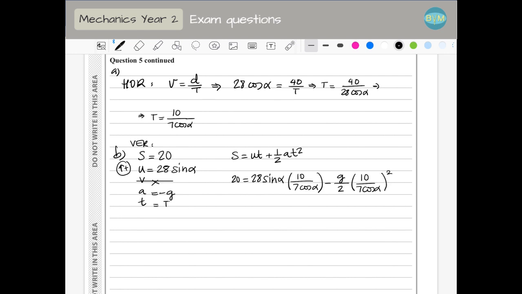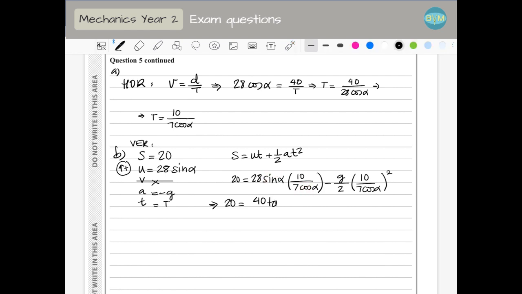So let's see what we have. We have 20. If we multiply this, we have 280 divided by 7. Well, we can divide the 28 by 7, which is 4, times 10 is 40, and sine divided by cos is tan alpha.